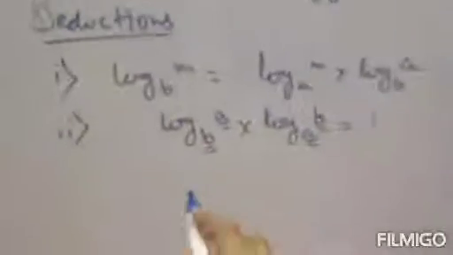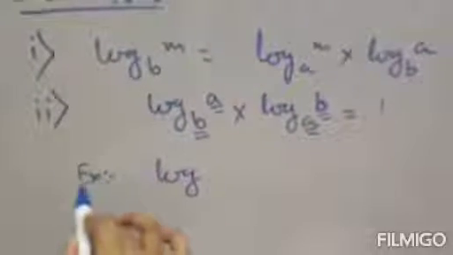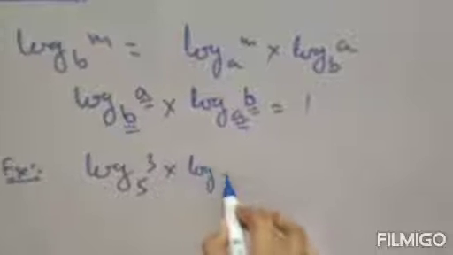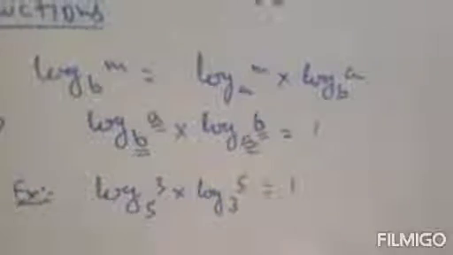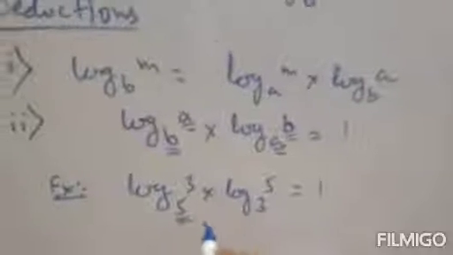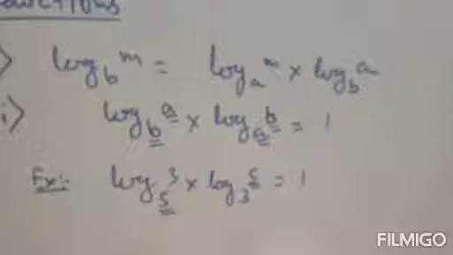For example, we can write log 5 base 3 and log 3 base 5. The answer will be 1, because here 5 is the base and in the next term 5 is in power.